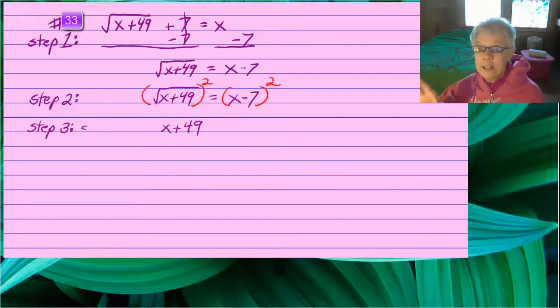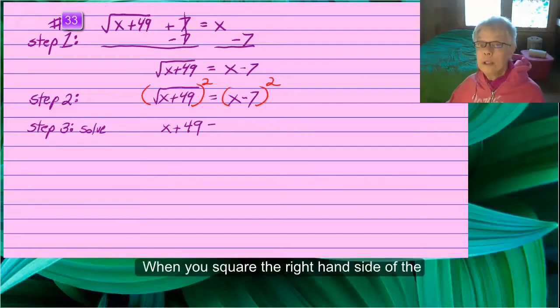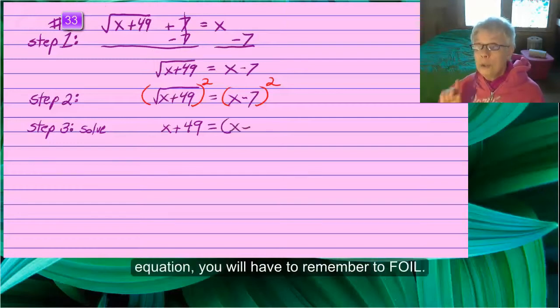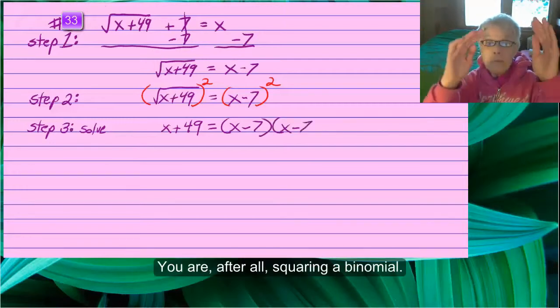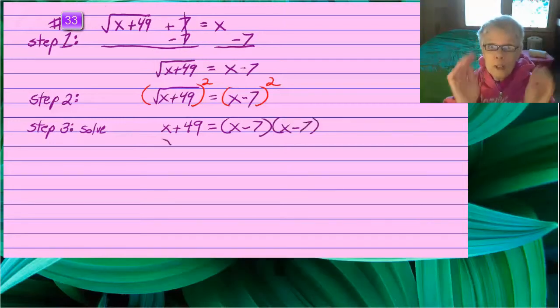this is all part of step 3, which is solving. Now you're going to solve the equation. When you square the right-hand side, you've got to remember to FOIL. This is a binomial. You're going to have a binomial times a binomial.